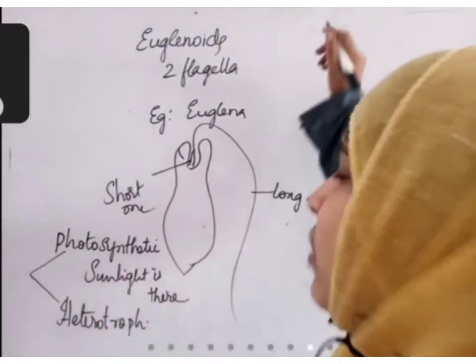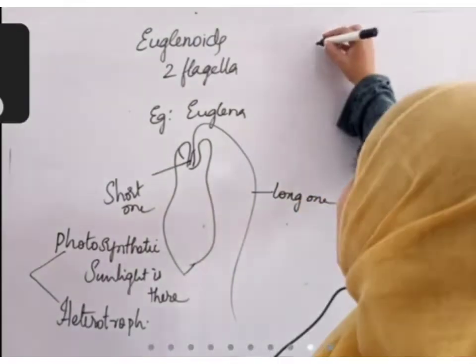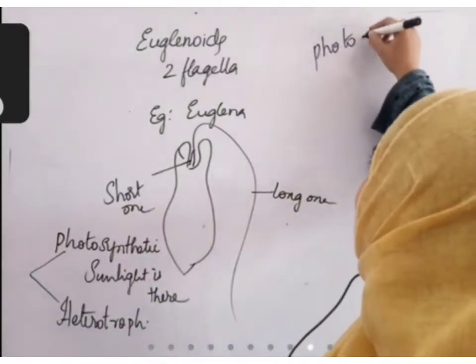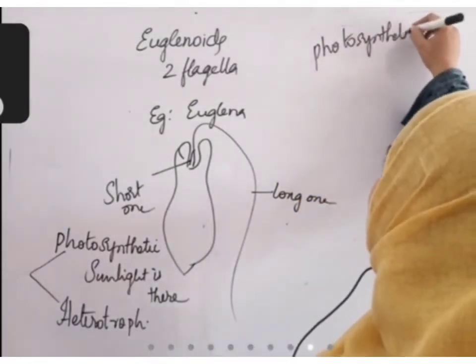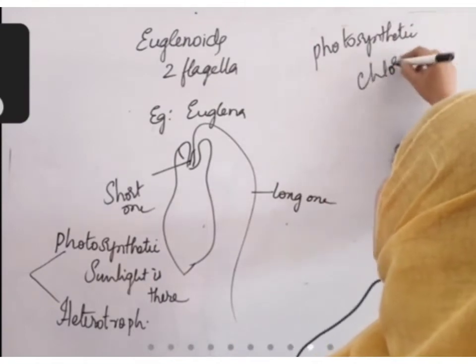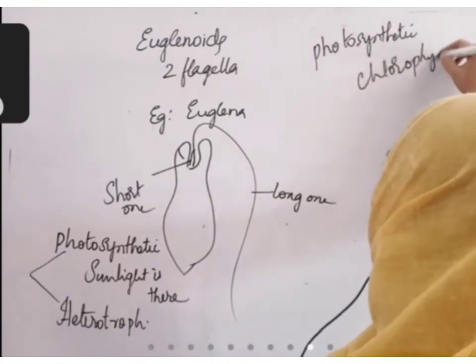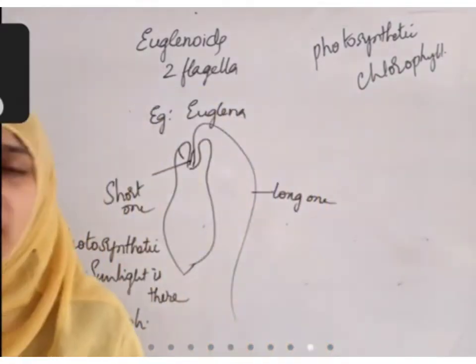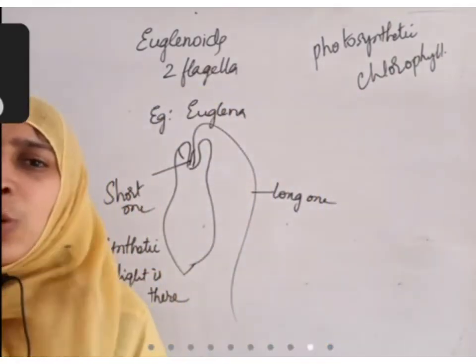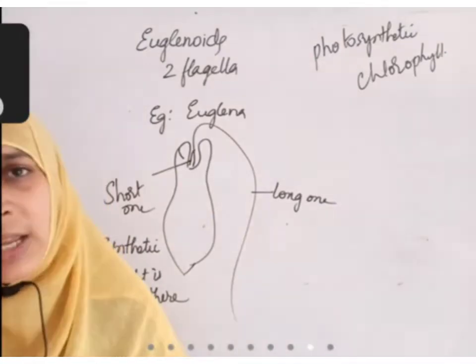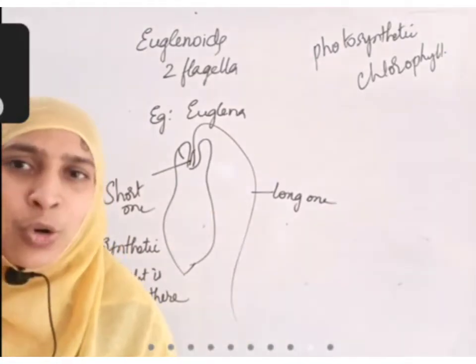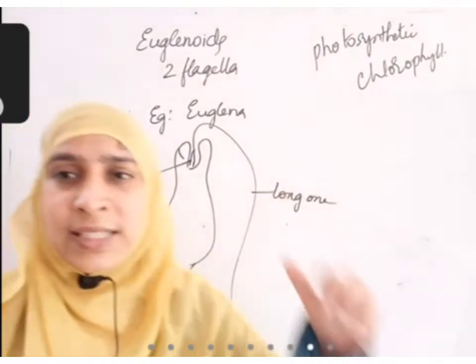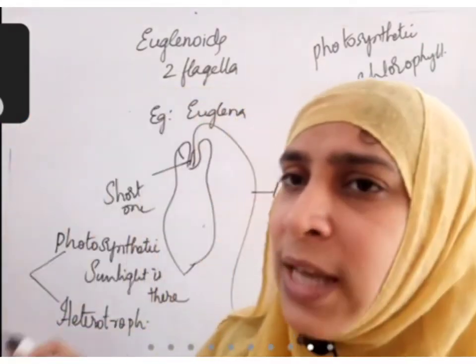Okay, and one more feature about these euglenoids is they have photosynthetic chlorophyll, like plants have chlorophyll. We saw blue green algae also have chlorophyll, but there are some structural differences between the chlorophyll of blue green algae and plant chlorophyll. But Euglena has exactly similar chlorophyll to that of a plant.